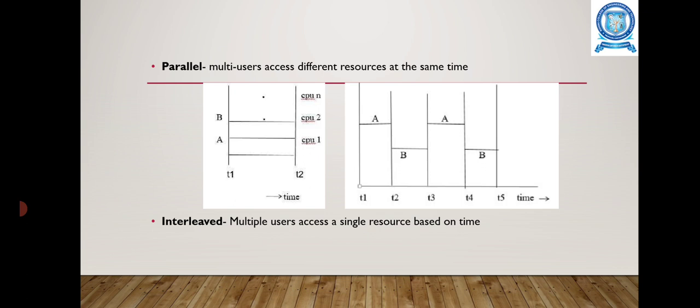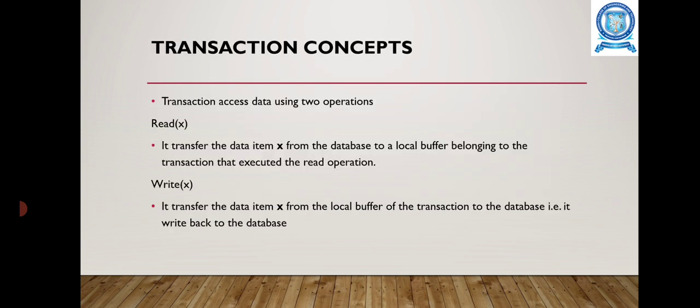After that, at time T2, the next transaction performs. Likewise, the same resource is used by multiple users. For example, between T1 and T2, and T3 and T4, different transactions are performed. So multiple users access a single resource based on time.